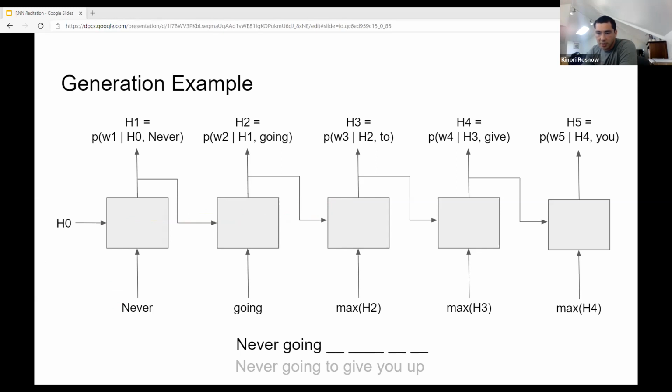I'm not sure about that, because the probability of word 3 given H2, you'd hope that H2 contains information from the previous. So is there any question on possibly just force feeding ground truth instead of argmax of H2?